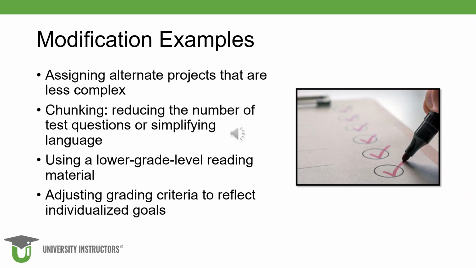Reduced or simplified tests decrease the number of questions or simplify language to assess essential skills. Lower level reading materials use text below grade level to support comprehension and access to content. And adjust grading criteria: grade based on individualized goals rather than grade level expectations.